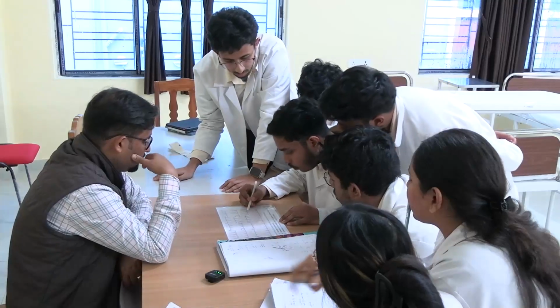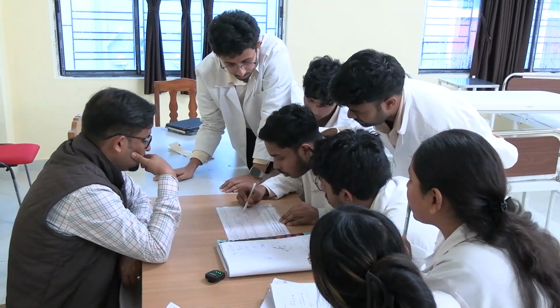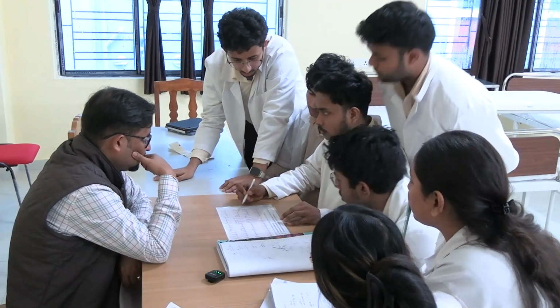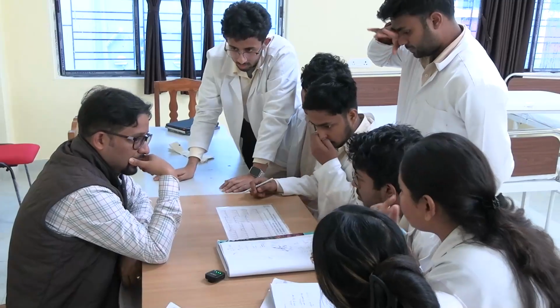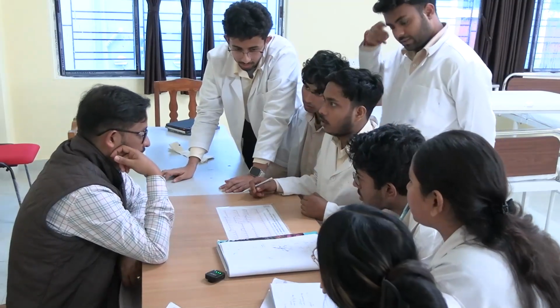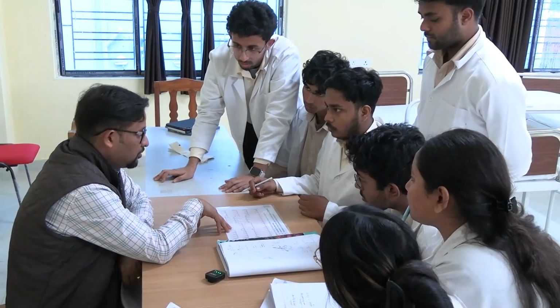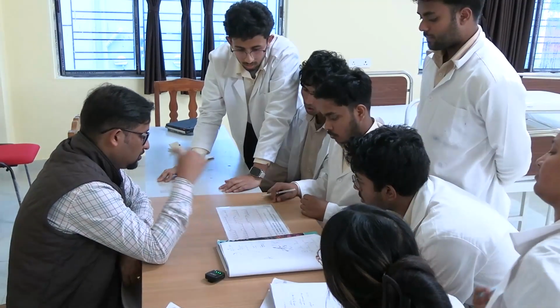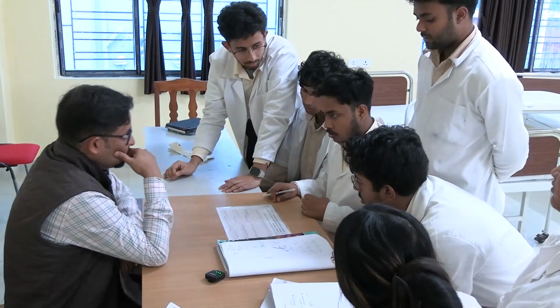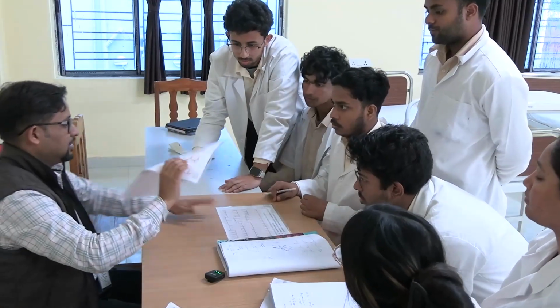R in V6: 1, 2, 3 and 3, so 18. So 19 plus 18 is 37. If it is more than 35, then left ventricular hypertrophy is present. So what will be your comment on this? Yes, present as per voltage criteria.